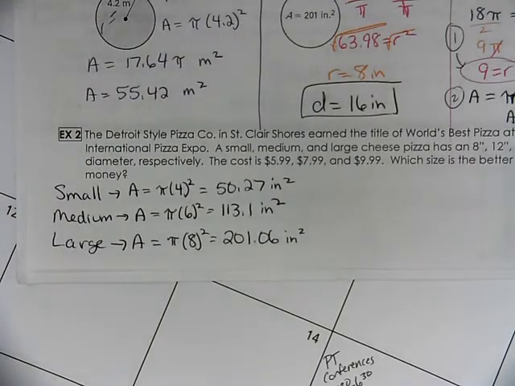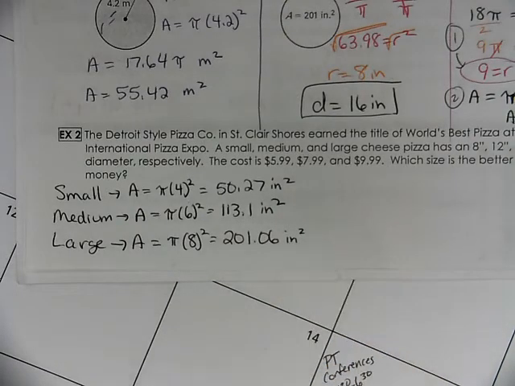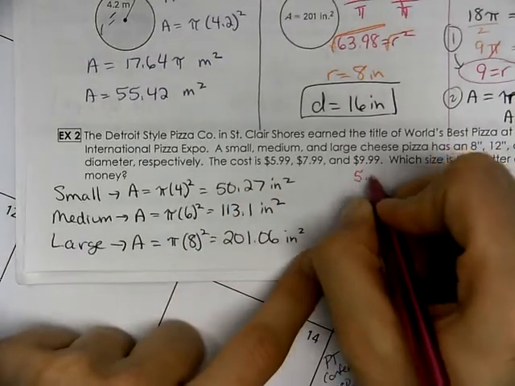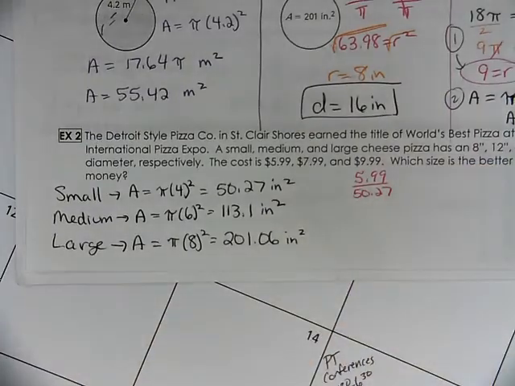So we have the amount of pizza in each pizza, and we have the price. When we find price per square inch, I take the price and divide it by the area, because it's price per square inch. So for the small, I'm going to take $5.99 and divide it by 50.27.